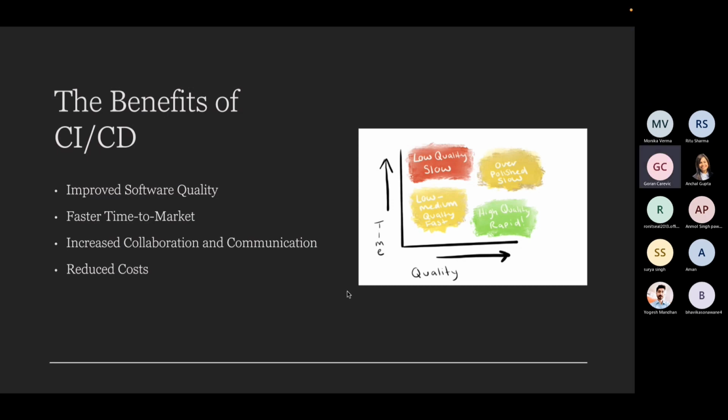It will reduce your costs through automated testing and deployment processes. And it will provide continuous feedback loops to your developers. Also, it will increase stability and predictability. So basically, by automating testing and deployment processes, CI/CD pipelines will help ensure that code changes are validated and deployed consistently, leading to increased stability and predictability.